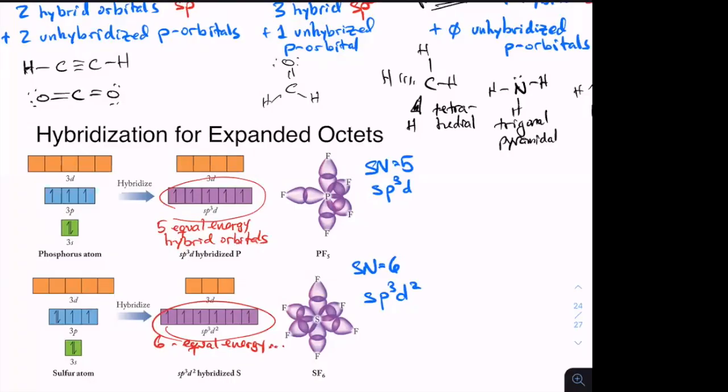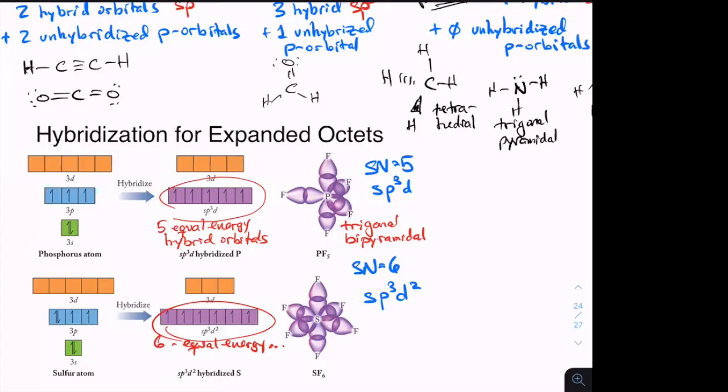All right, and by now, using VSEPR theory, you know what the base geometries will be. Right, this is going to be trigonal bipyramidal. And you know that if you have 5 atoms bonded to each of those hybrid orbitals, you'll have a trigonal bipyramidal molecular geometry.